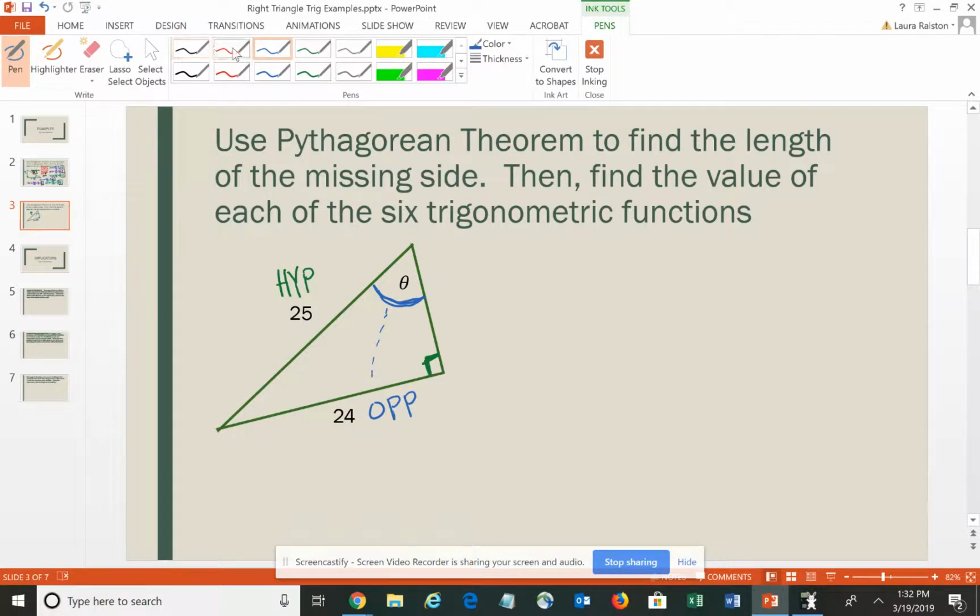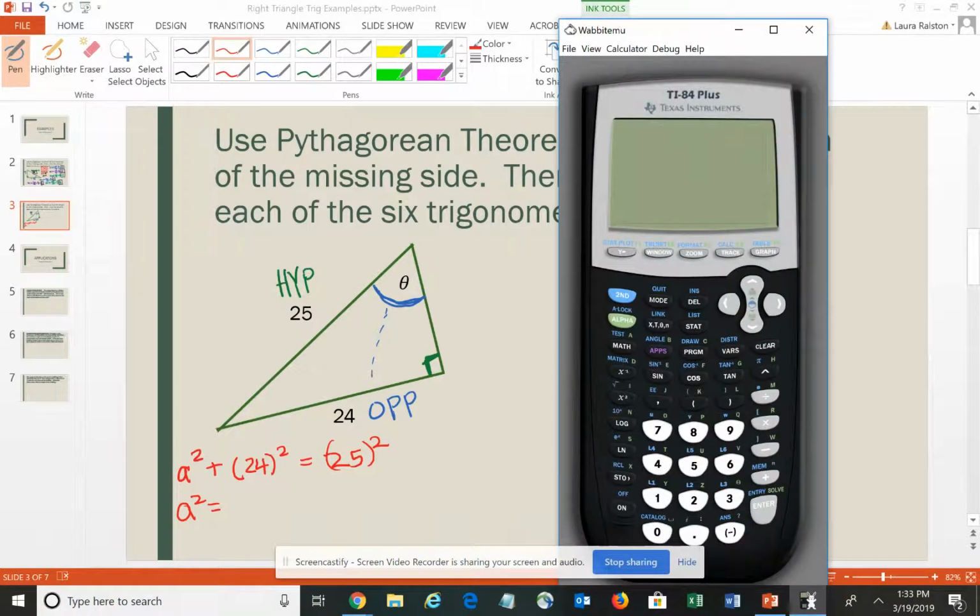So again, using Pythagorean theorem, I'm going to do it down at the bottom. I would have a squared plus 24 squared equals 25 squared. I'm going to pull up my calculator because I don't know 24 squared.